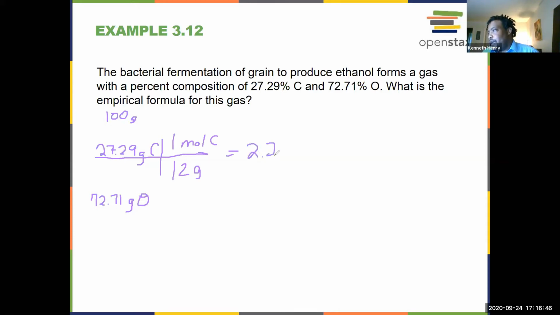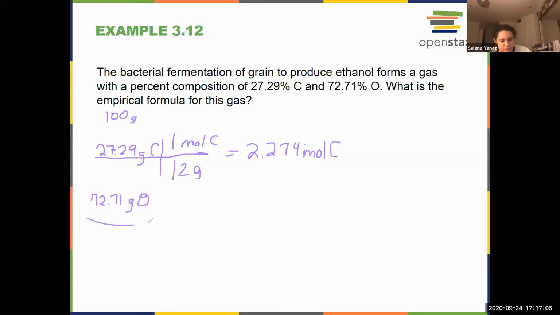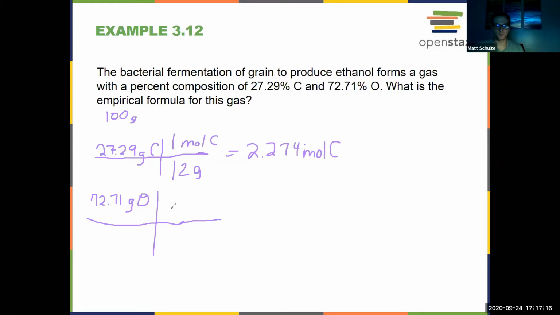So my trusty, handy cell phone calculator. How many sig figs will I have? 4. Okay, so now what do I do with this oxygen? The same thing. So what is the mass of oxygen? 16.